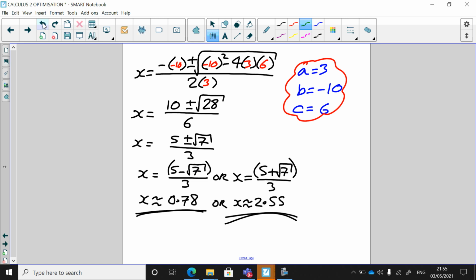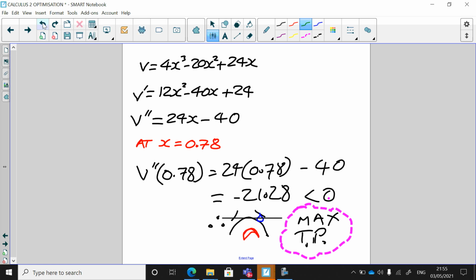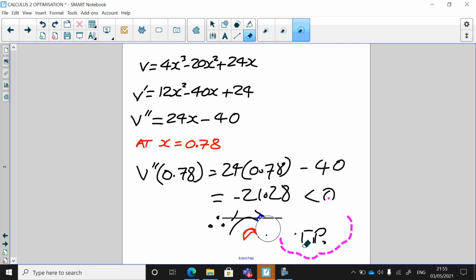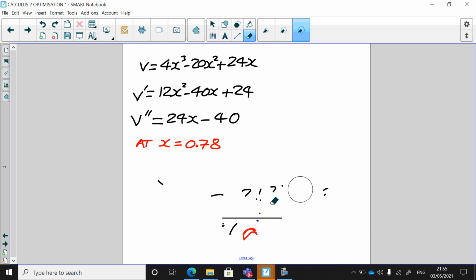Okay, so that's it. 5 minus and 5 plus. And then we just use approximate values there, 0.78 or 2.55. So we're just going to put them in the volume there. I'm actually going to test. I'm looking at the first derivative here and the second derivative here. I'm not using a nature table, and I'm putting in 0.78. I must have gone ahead earlier to put in 0.78.